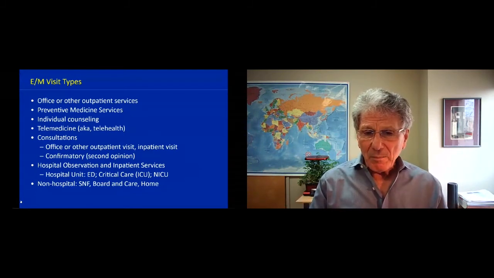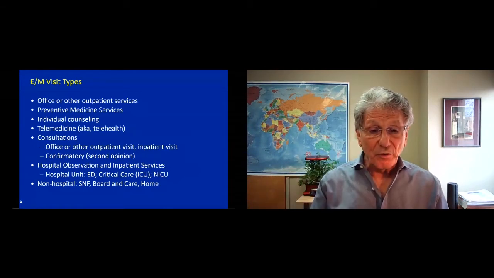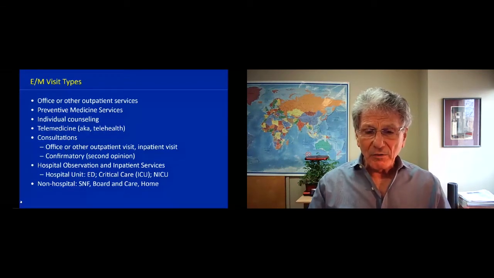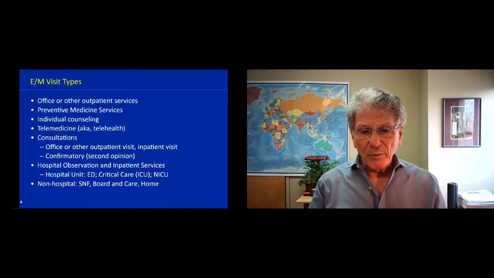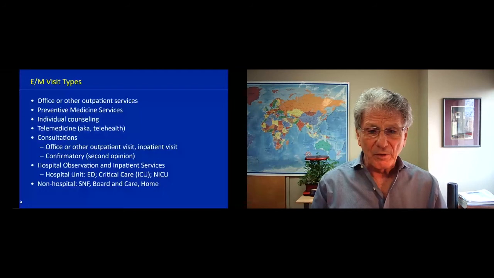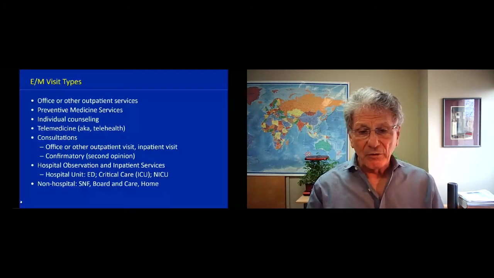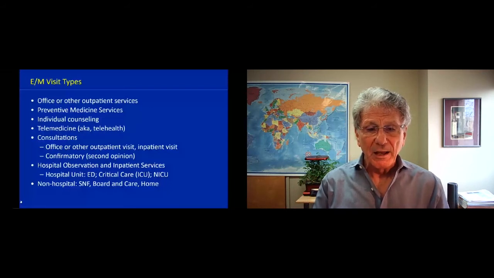Less commonly, payers will actually accept E&M codes for individual counseling. And then there are some codes for telemedicine, and those have been recently expanded. The other ones are really related to what certain specialists do as consultations, codes that are used in the hospital or skilled nursing facilities. We won't talk about those today. Next slide.